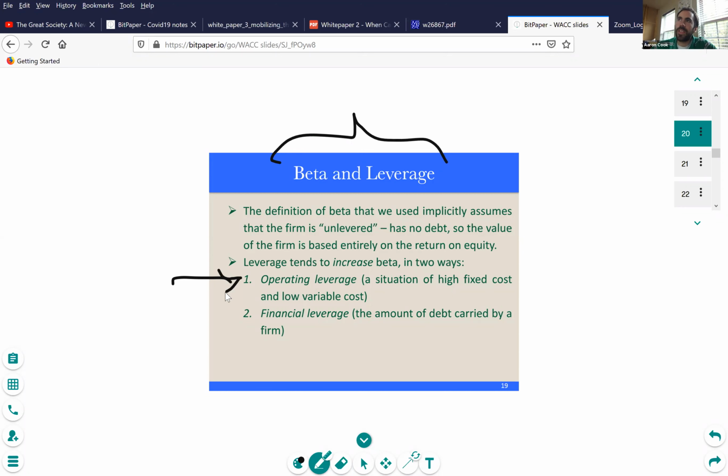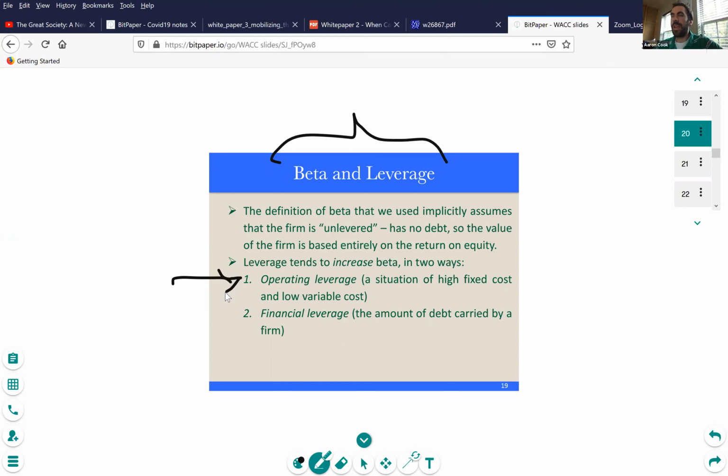Operating leverage is a case where you have a high amount of fixed cost associated with your production and low variable cost, right? So you sink a lot of money into a project to begin with, and then once you've sunk that money, every individual sale you make is very cheap, and so you can make high margins on everything after that. Once you sell enough to cover those fixed costs, it makes sense.